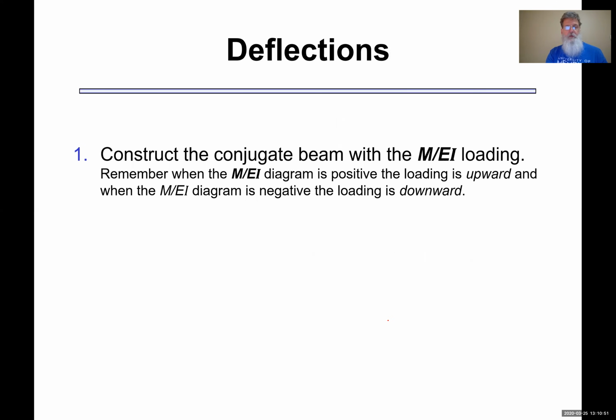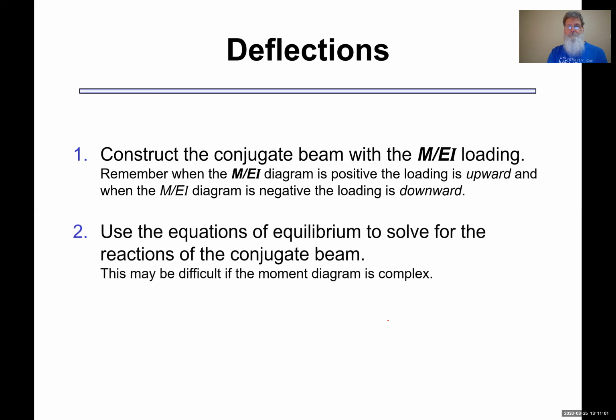So as a procedure, what we're going to do first is construct the conjugate beam and apply the real moment divided by EI as loading. Remember that a negative moment is negative load, negative is downward. Then we'll use our equations of equilibrium to find reactions, which would be the shear and moment.